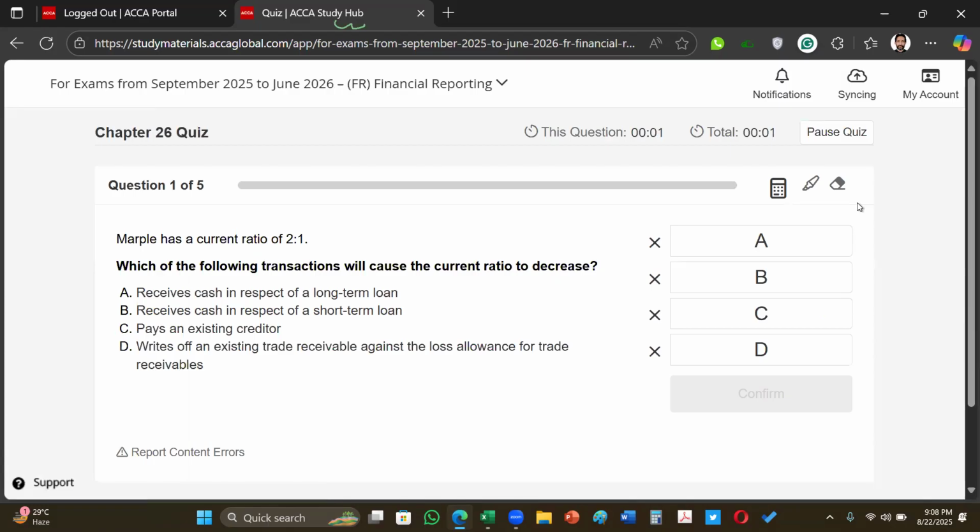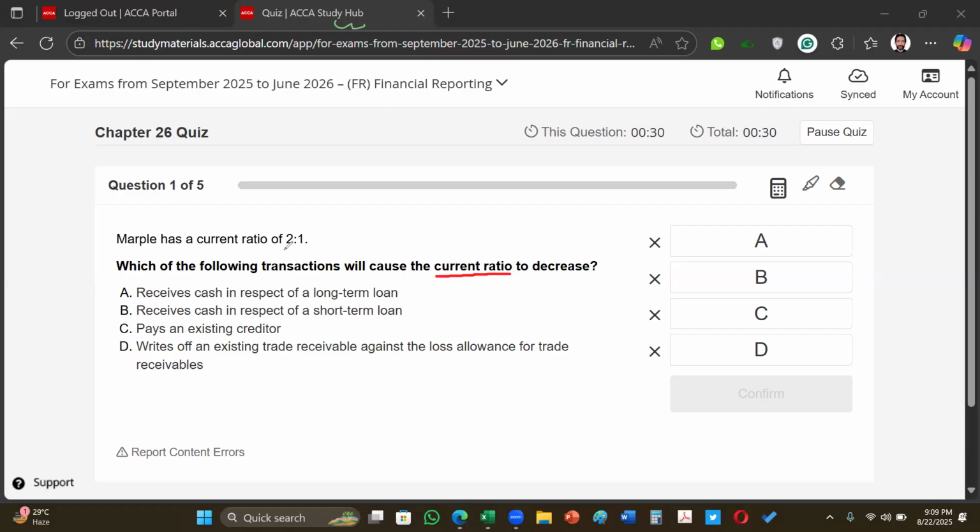The first question: Marple has a current ratio of 2:1. Which of the following transactions will cause the current ratio to decrease?